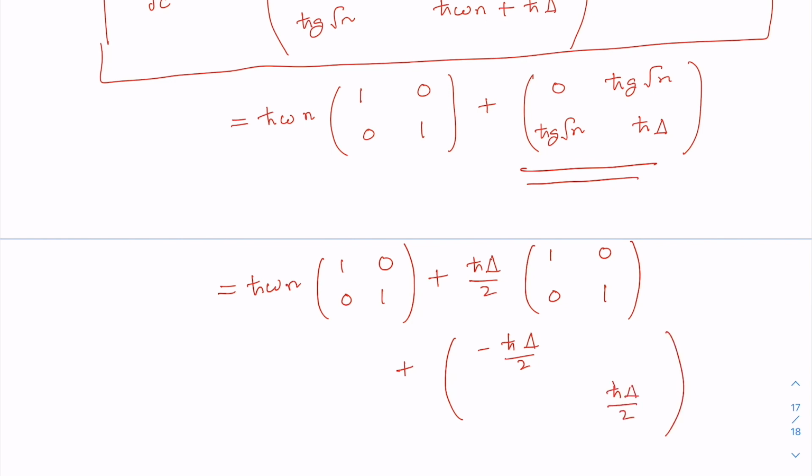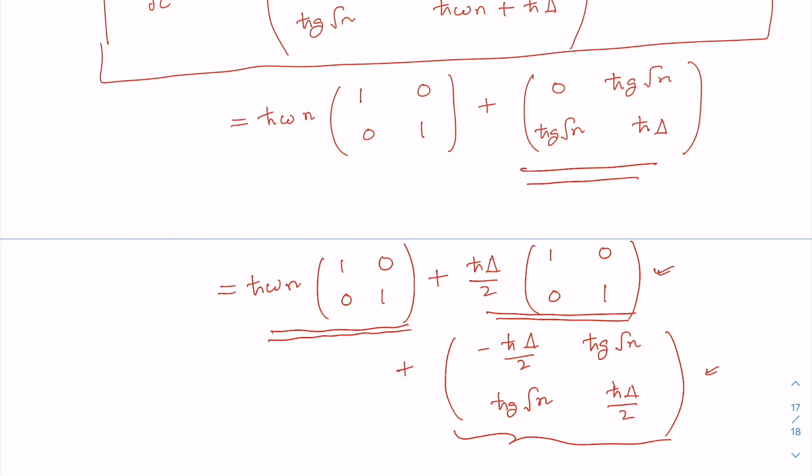So as you can see, if I take this term and this term, I will have the diagonal elements there, and this one would be simple, that would be ħg√n and ħg√n. The good thing is that this particular part in the Hamiltonian is already diagonalized, this is also diagonalized. Now I have to just diagonalize this part of the Hamiltonian.